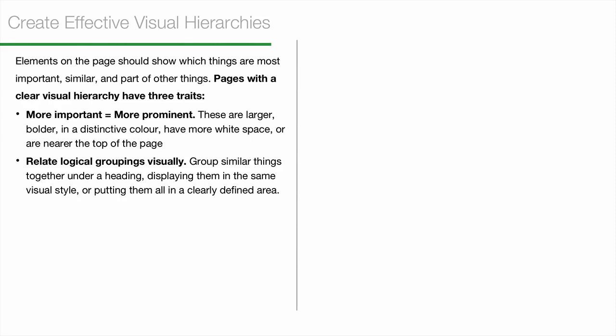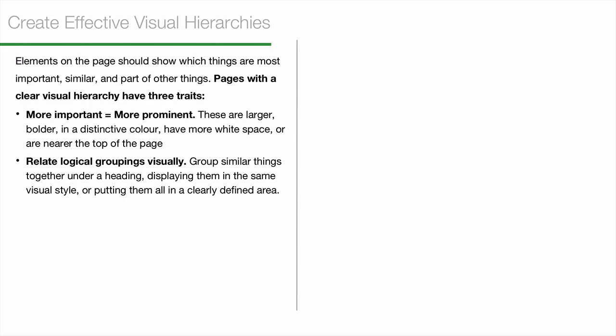We talked a second ago about visual hierarchies, didn't we? And what's a visual hierarchy? When we're thinking about designing pages or an email or a campaign, elements on the page should show what's the most important thing. Pages with a clear visual hierarchy have three traits.